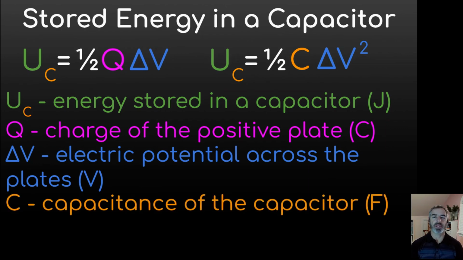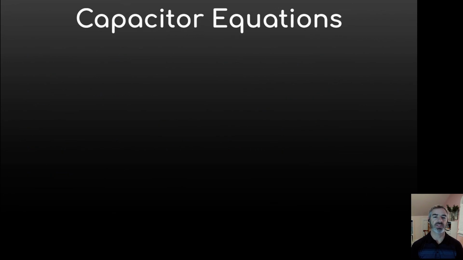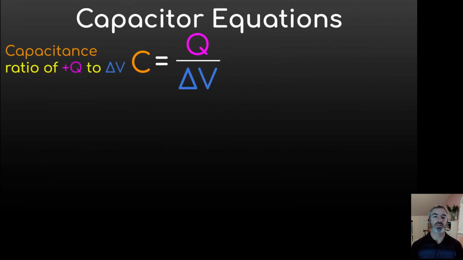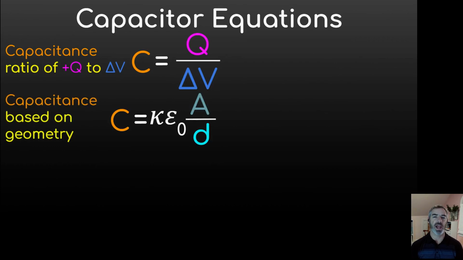So let's recap the capacitor equations. Capacitance, remember, is the ratio of the charge on the positive plate to delta V, so C is equal to Q divided by delta V. And the capacitance is only based on the geometry and the dielectric constant, where C is equal to kappa epsilon naught times A divided by d, where most times kappa, our dielectric constant, is going to be 1.